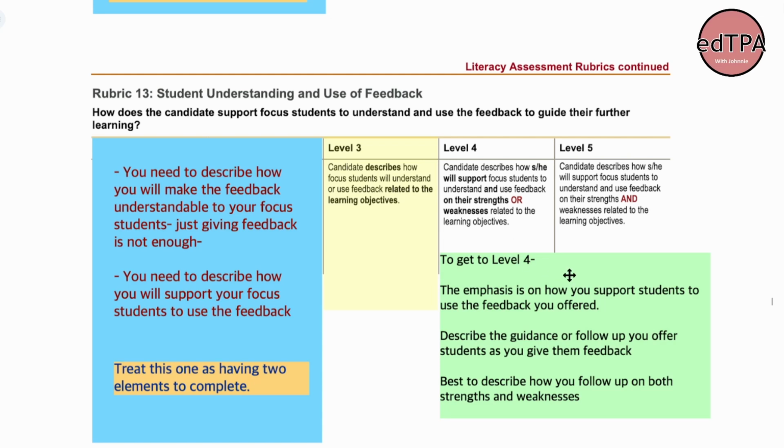So to get to level 4, the emphasis is on how you support students to use the feedback you offered. Describe the guidance or follow-up you offer students as you give them feedback. And it's best to describe how you will follow up on both strengths and weaknesses. That's the main thing here for level 4, strengths and weaknesses. It's very plain in the prompt that you should address that. So that's rubric 13.